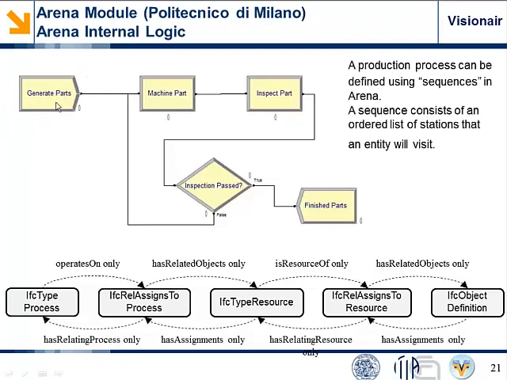Here I have parts that are generated, then machined, then inspected, then there is a decision block, and then the good parts go to finished parts, and the wrong parts need to be machined again.